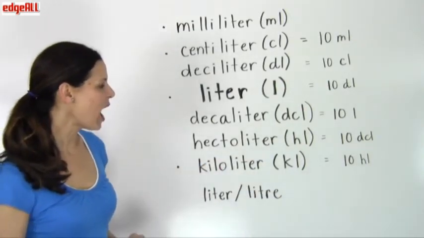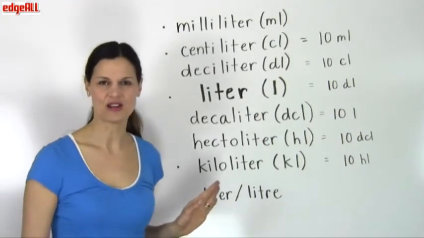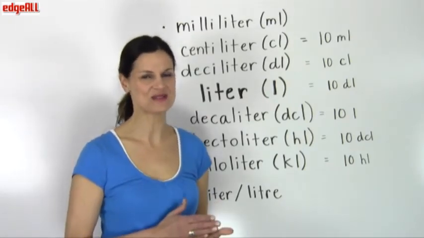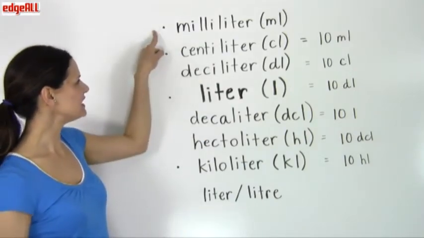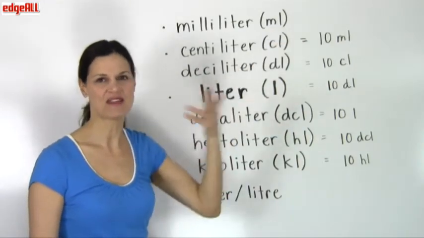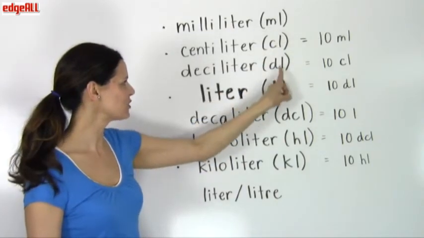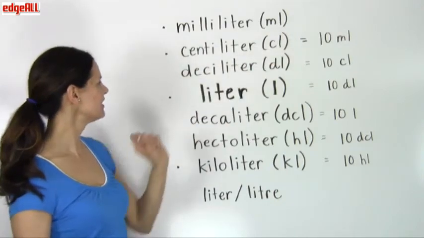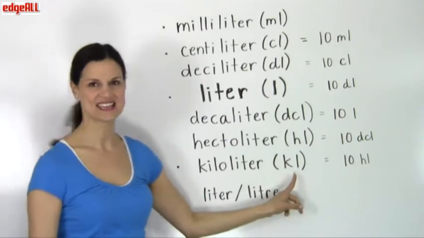The most commonly used units of measure for volume, units of capacity, that you will see in problems, often in the abbreviated version, are the milliliter, centiliter, liter, and kiloliter.